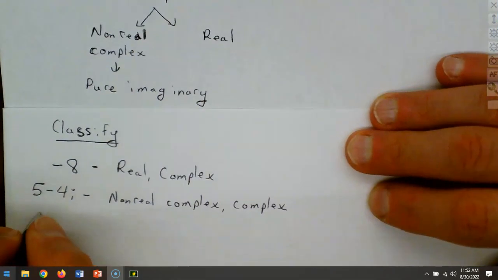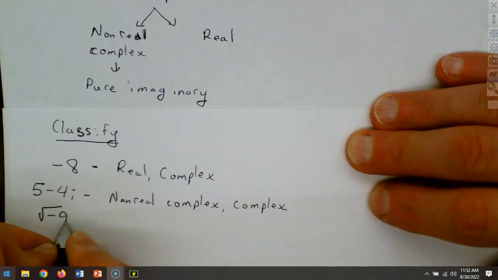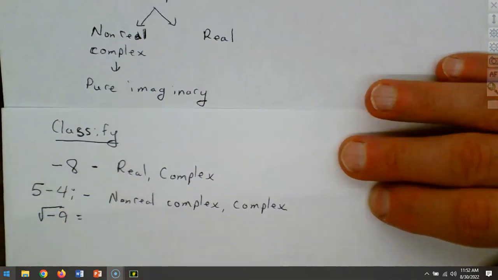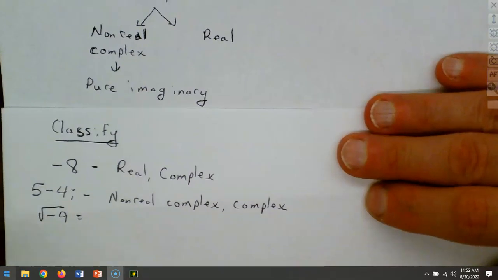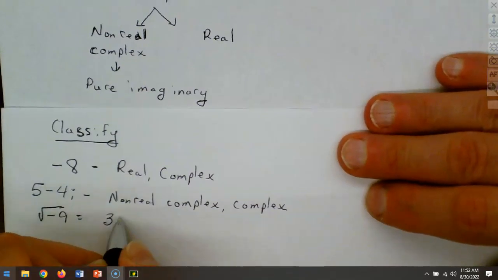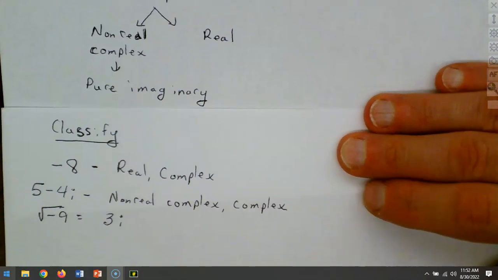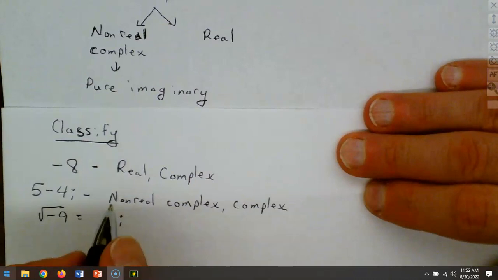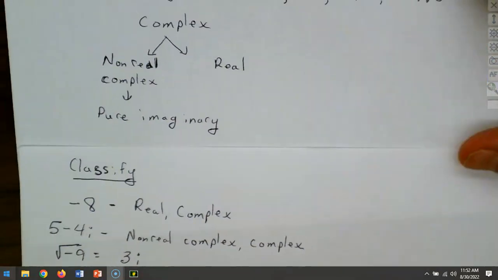What about the square root of -9, underneath the square root? Well, if I gave you the square root of -9, what's the square root of 9? 3. Bring out your i, so that's 3i. Okay, it's non-real. And what else is it? Now, be careful because it can be more. It's non-real.